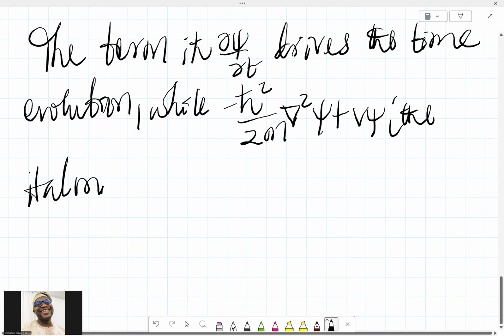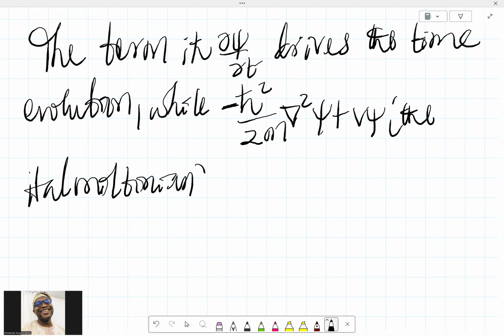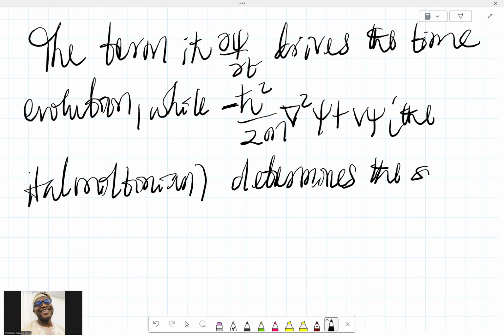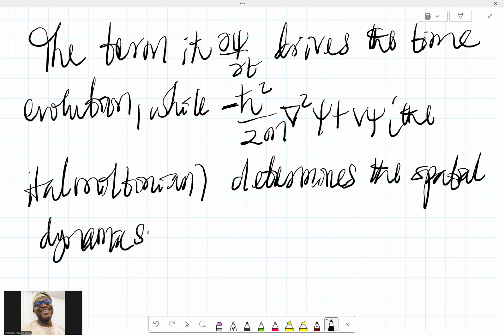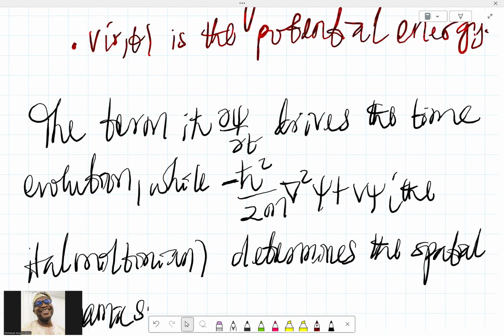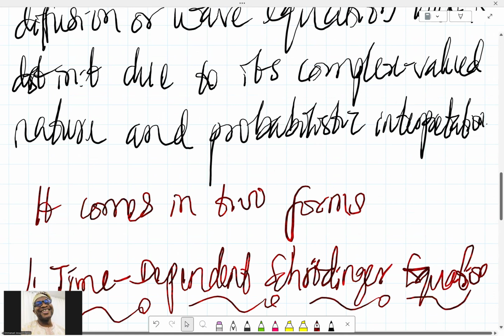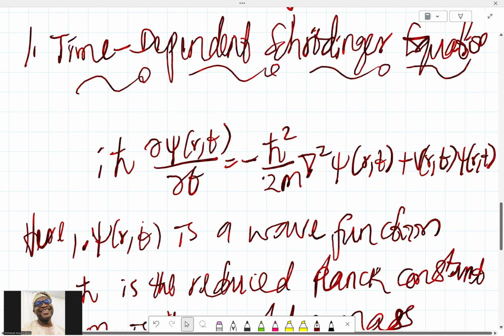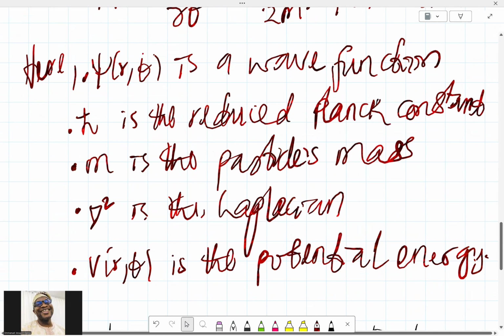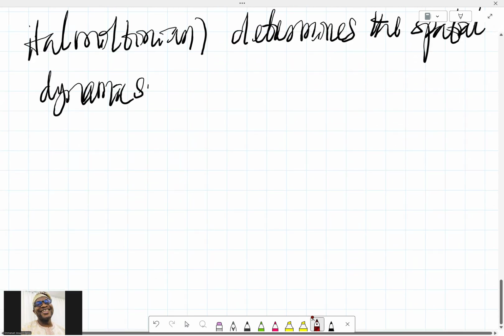The Hamiltonian determines the spatial dynamics. So it's time and space, the spatial dynamics. So that's the time-dependent Schrödinger equation.